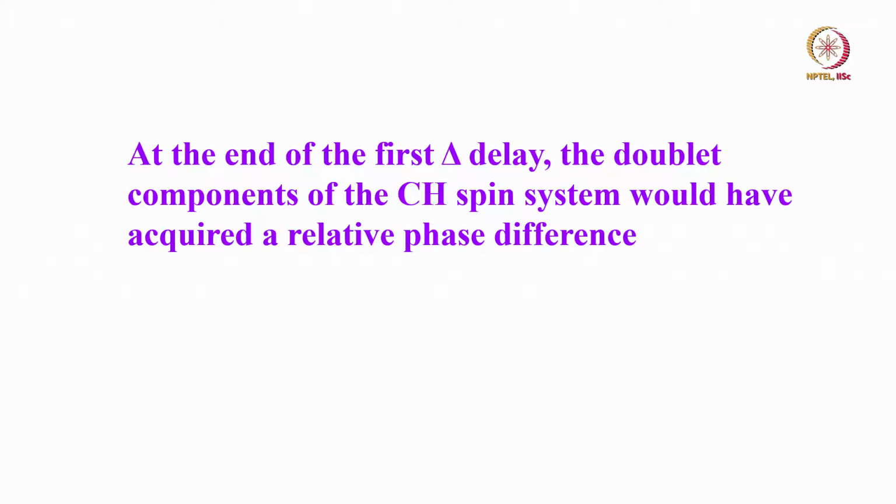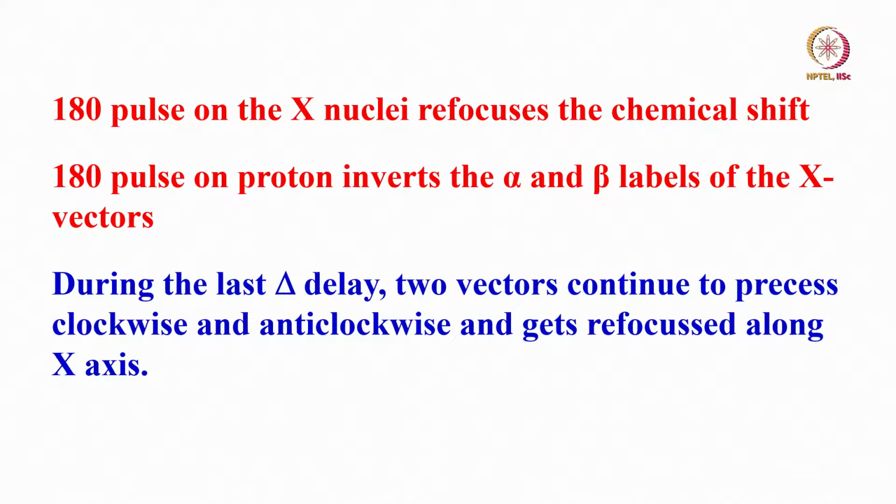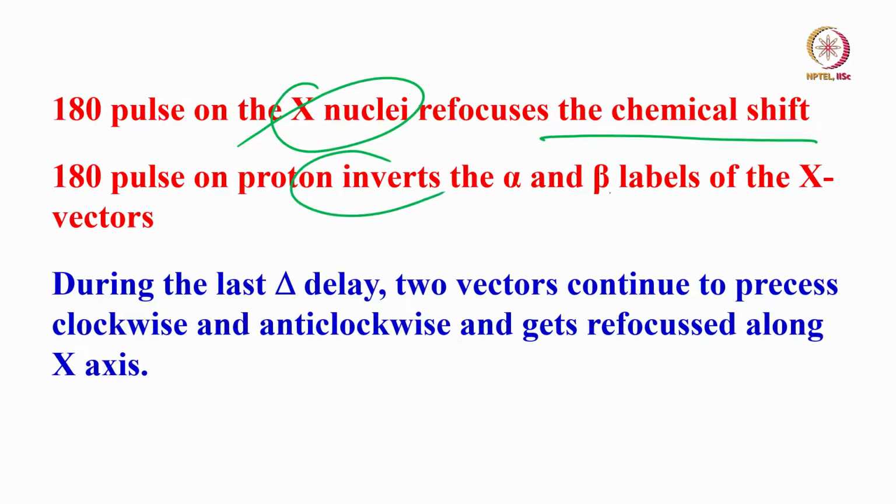At the end of the first delay, the doublet components of the CH spin system would have acquired a relative phase difference. But the 180 pulse on the X nuclei refocuses the chemical shift. The 180 pulse on the proton inverts the alpha and beta spin labels of the X vectors.